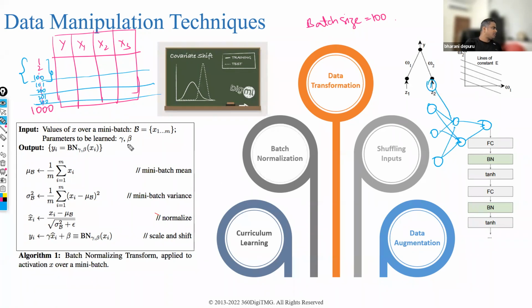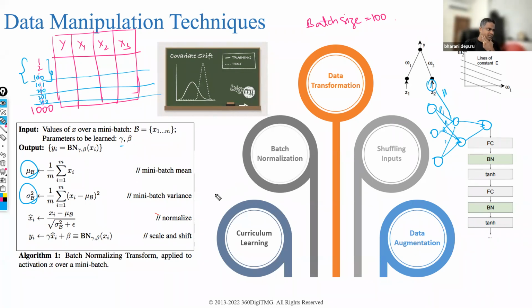Let me call that bias gamma maybe, and let me call all these weights beta values, beta 1, beta 2, beta 3. So take all these weights, take an average of all the weights, and take a standard deviation or variance of all those weights, and then normalize it.